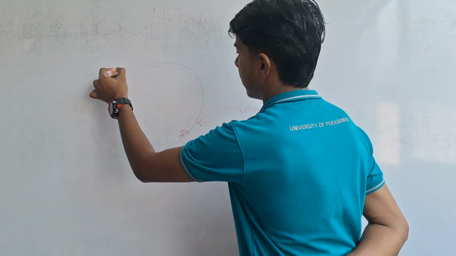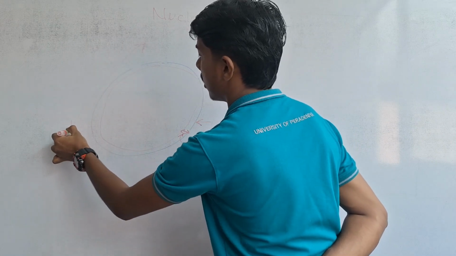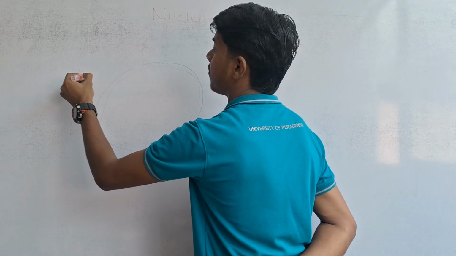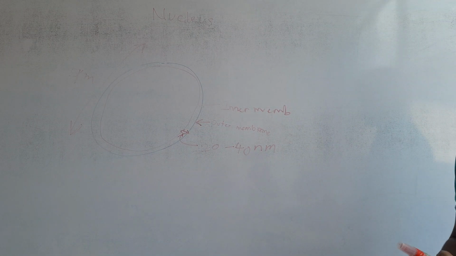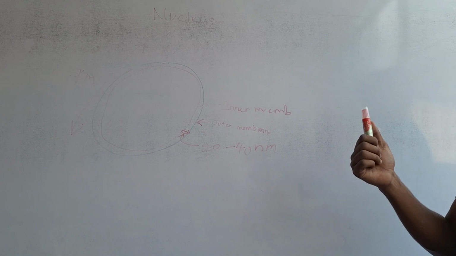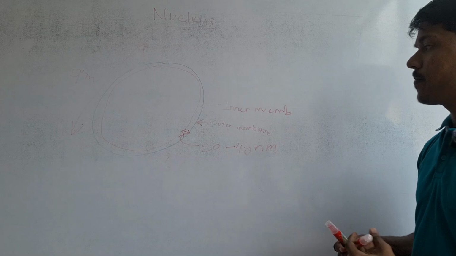The normal diameter of the nucleus is 5 micrometers. The nucleus is composed of two membranes, the outer membrane and the inner membrane. Between them, a 20 to 40 nanometer gap is present.